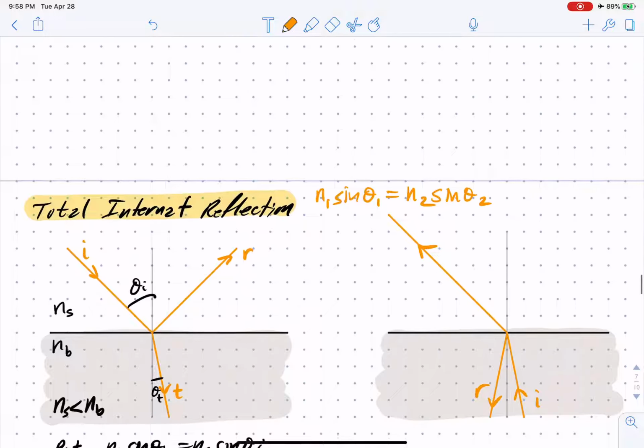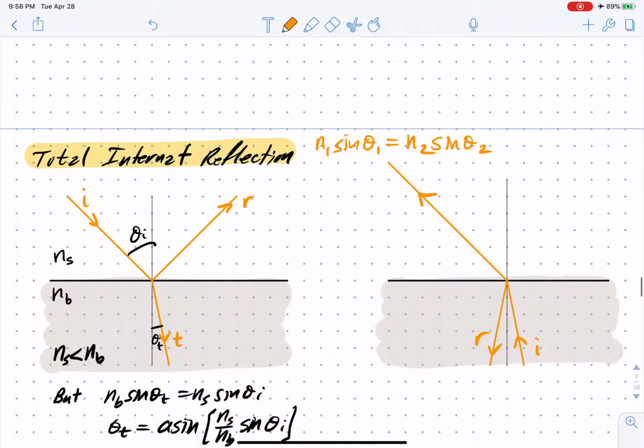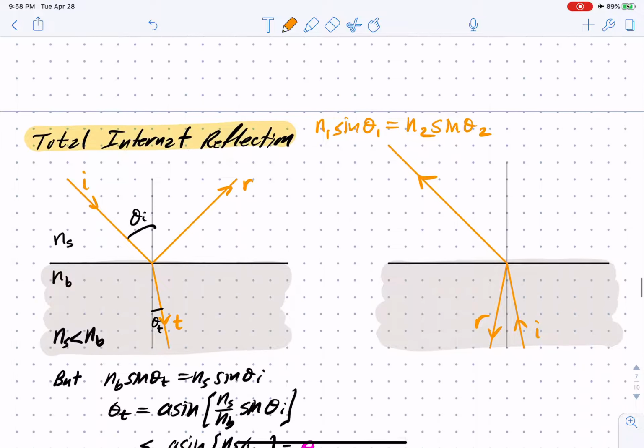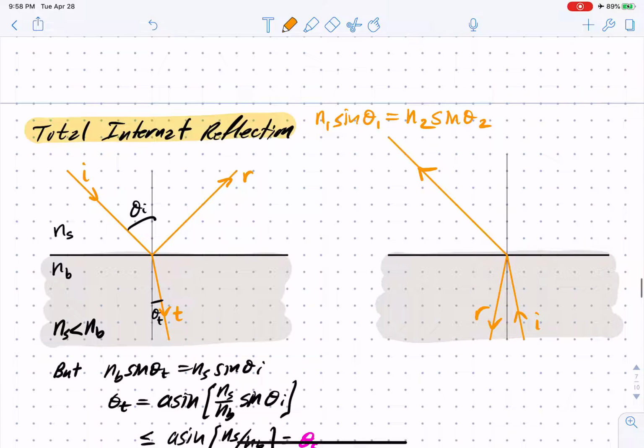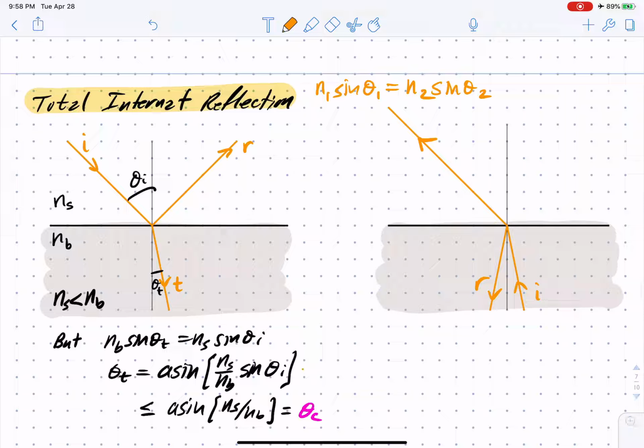Now, but there's something interesting that happens here. We're dealing with a case where the gray region has a higher index of refraction. And so let's go ahead and solve for the transmitted angle. I'm going to do it like this.